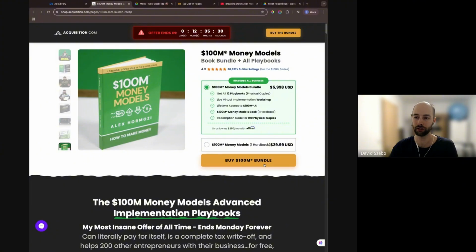As a recap, have an urgency banner, have a clear CTA. Although the button says "buy 100 million bundle", with the word buy, I would probably use invest. Some people don't really like the word buy, but when you frame it as invest, then it's something that has a return. So that increases the conversions when you have that call to action button.